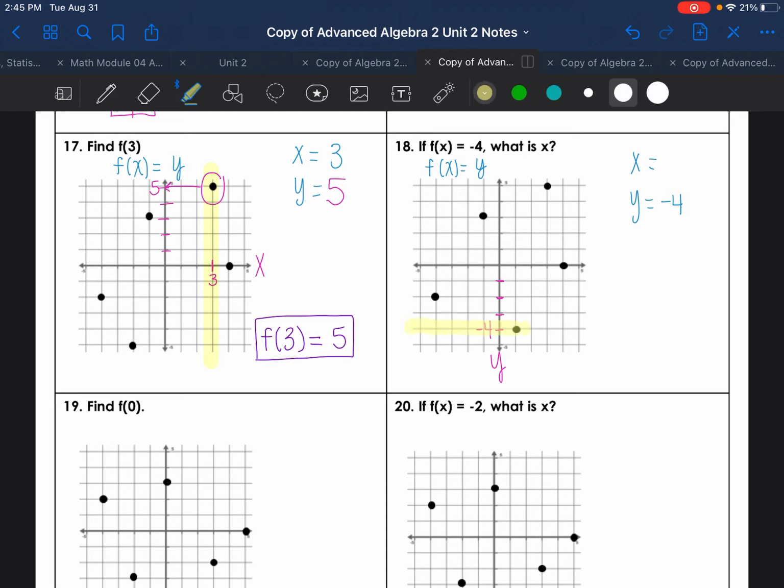Any point right along in here has a y value of negative 4. So that point that I'm looking for is this point right here. It has an x value of 1. That means that f of 1 equals negative 4.